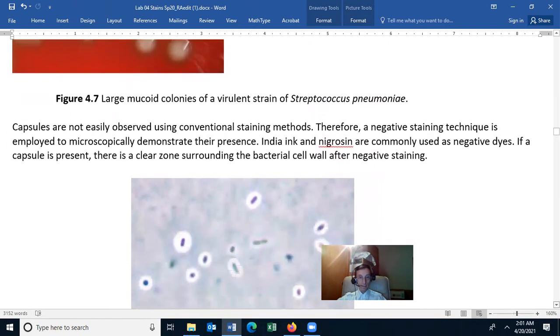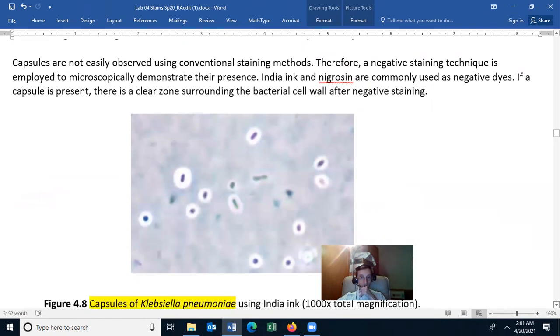When you stain the cells with India ink or nigrosin, that would be a negative stain, and the background will stain. With India ink, the background is stained very darkly, and the cells are stained very lightly.